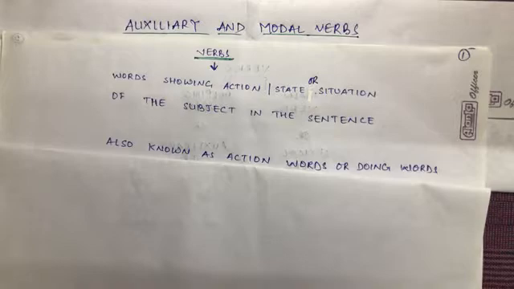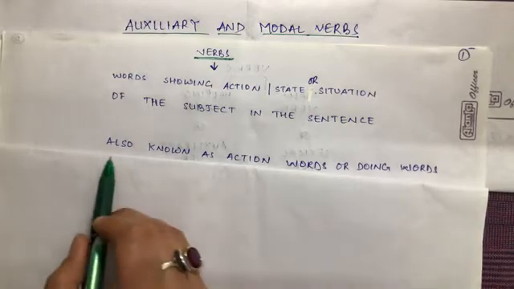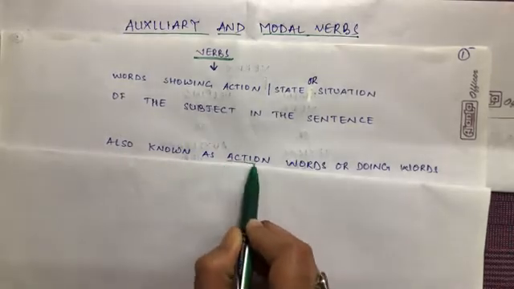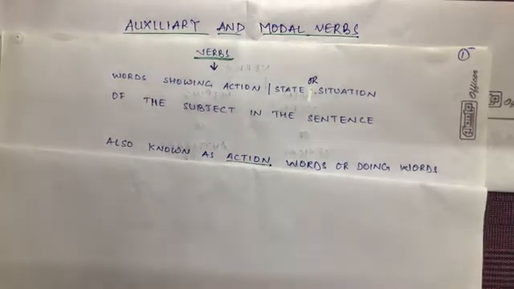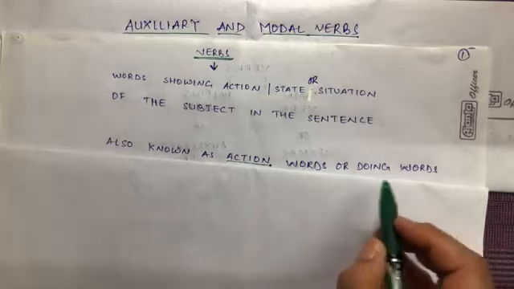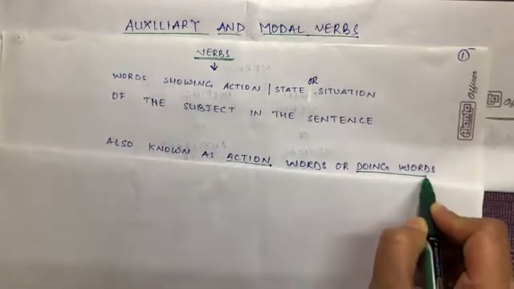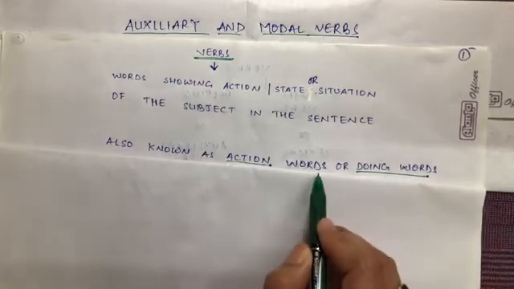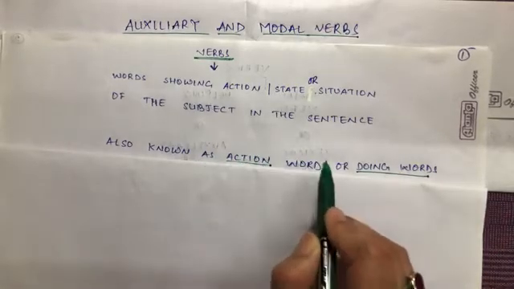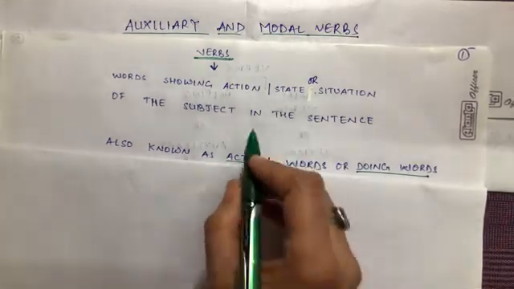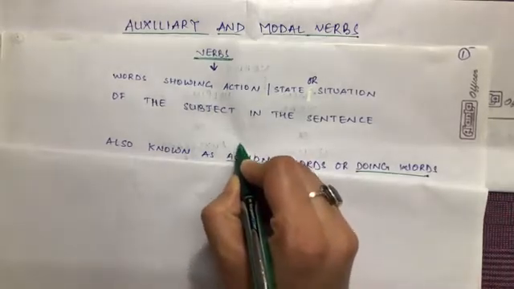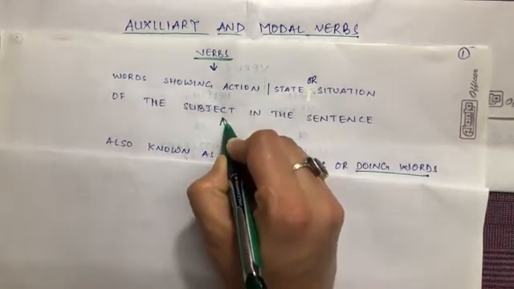Verbs are also known as action words or doing words. They are always taken as words that perform an action. These words denote the action which is being performed by the subject.